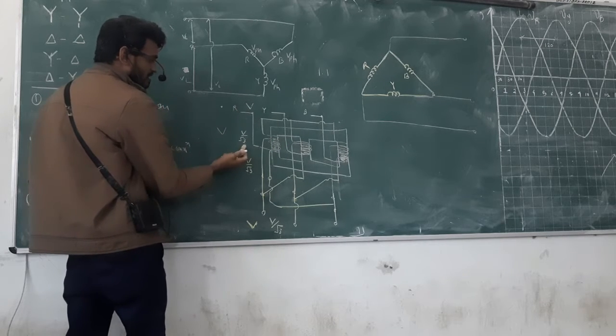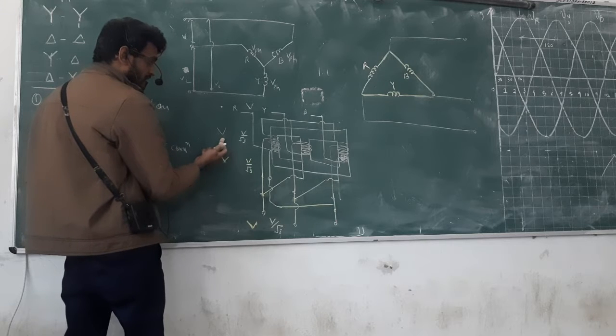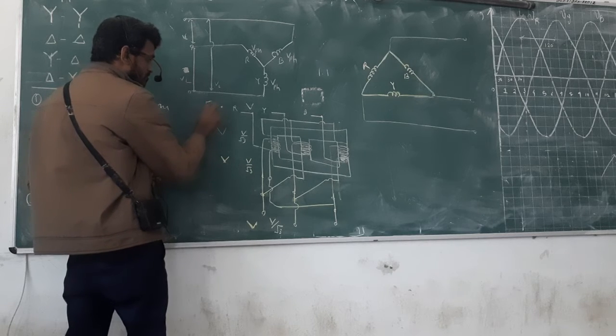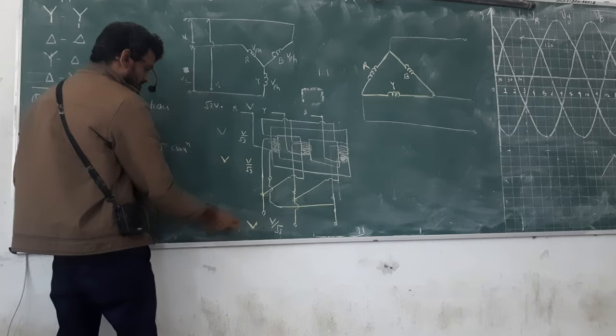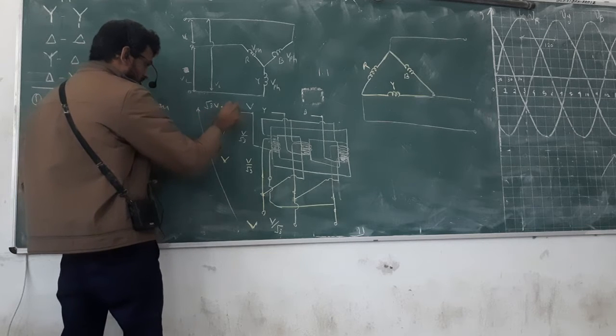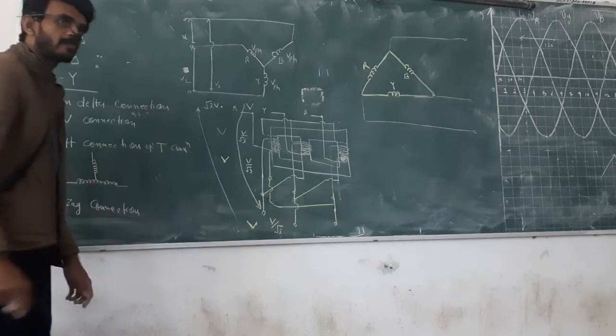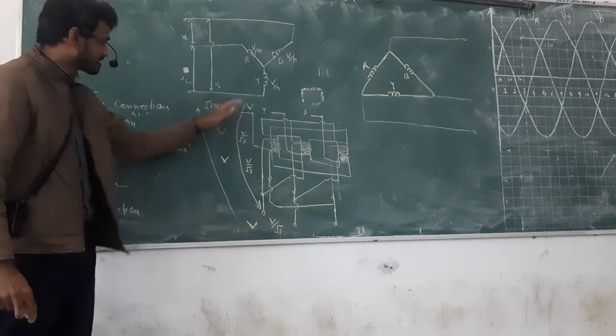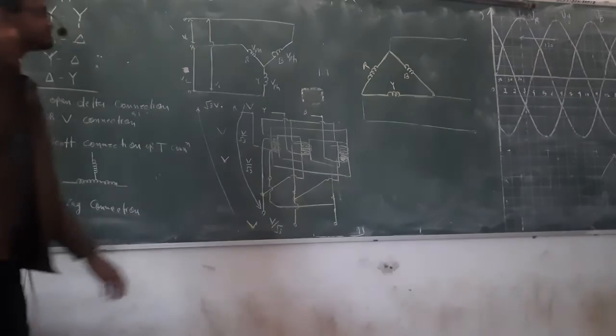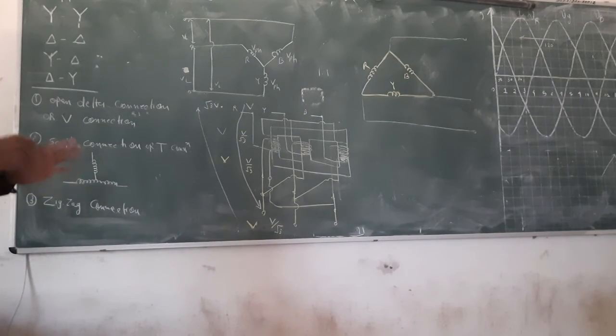See, V is root 3 times higher than V divided by root 3. Now here V voltage is there, then here it is root 3 times higher. So going this way, and here going that way. From delta to star and from star to delta. In this way you have to understand.